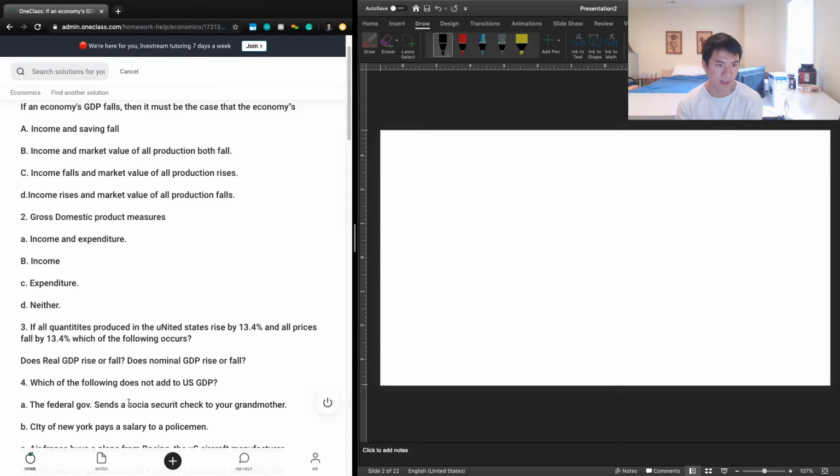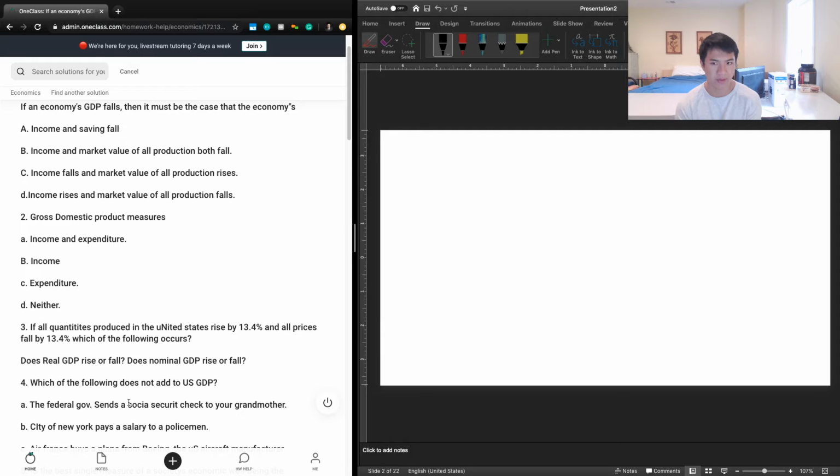And so taking a look at the answer choices, A says income and savings fall, and this is tricky because income is going to be one of those approaches, but saving does not necessarily fall, right? Because it's possible that saving goes up.